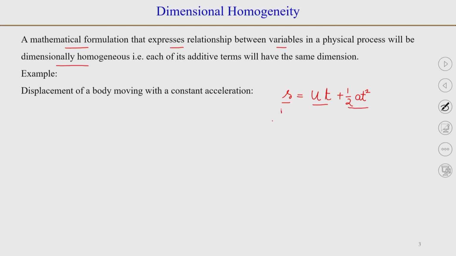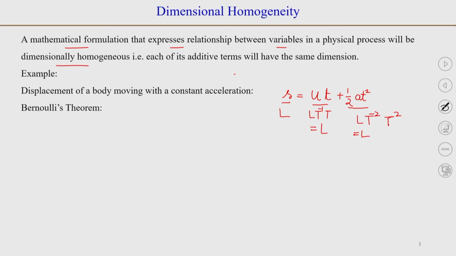The unit of s is of course L. The unit of ut is L t minus 1 into t, so that will again be L. The unit of a t square: a is meter per second square, so L t raised to the power minus 2, then t raised to the power 2. So this unit will again be L. According to the principle of dimensional homogeneity, the dimensions of all the terms are the same.